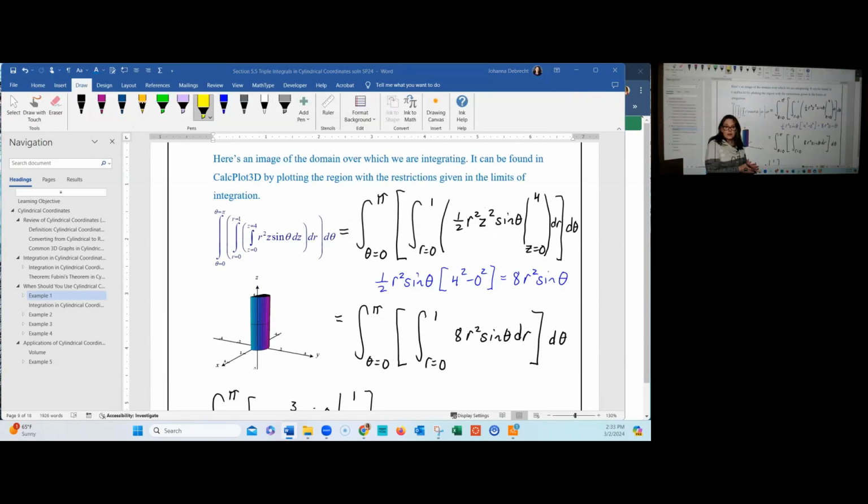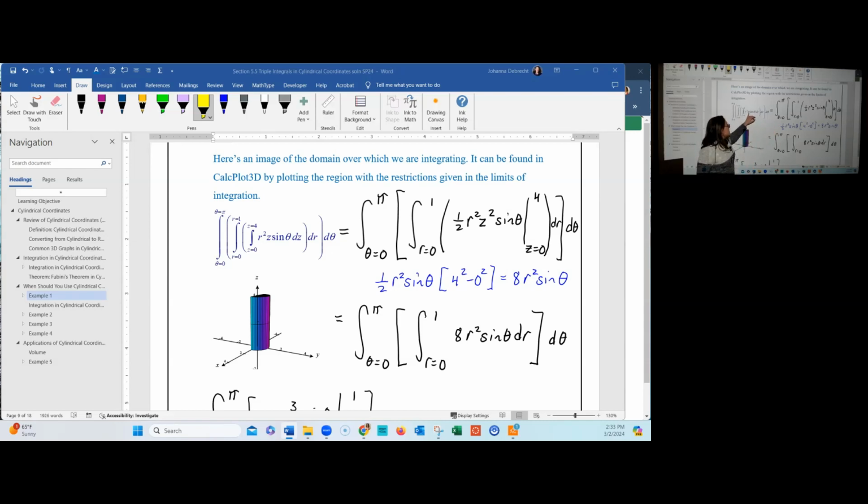Note that I went ahead and rewrote the integrand by pulling the r from the differential into the integrand. This becomes r squared z sine of theta. I chose to integrate with respect to z first because I know that's going to be my habit continuing forward.